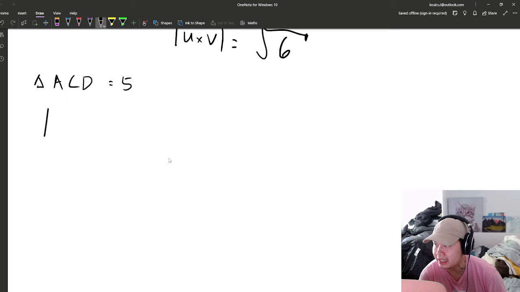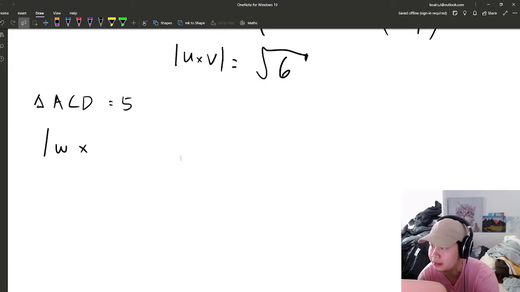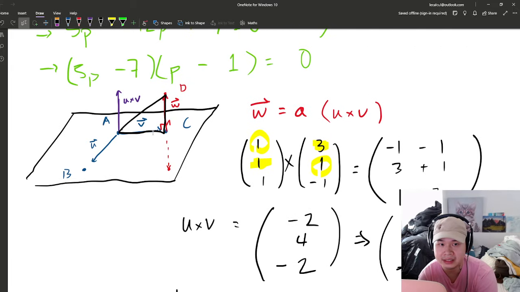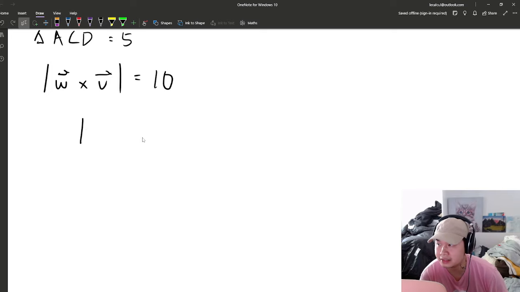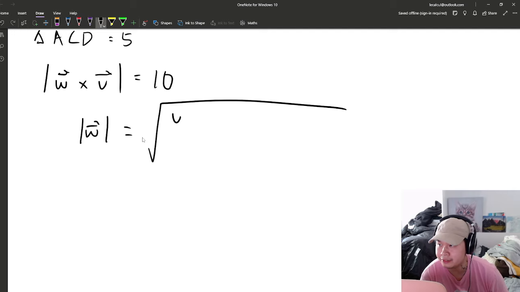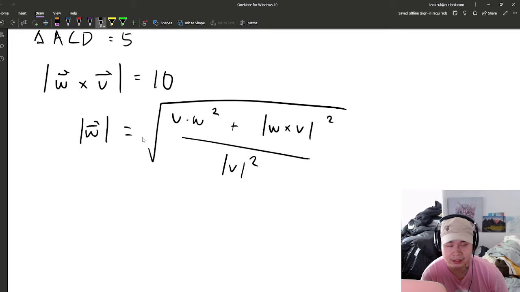This means that W cross with vector v, this one down at the bottom, is 10. In other words, the length of w should be the square root of v dot w squared plus the length of, I guess it'll be w cross v squared, over the length of v squared.